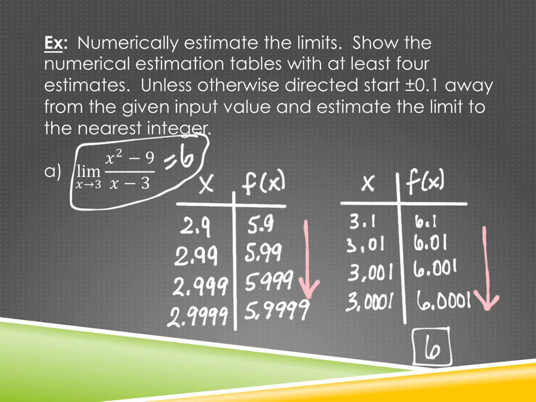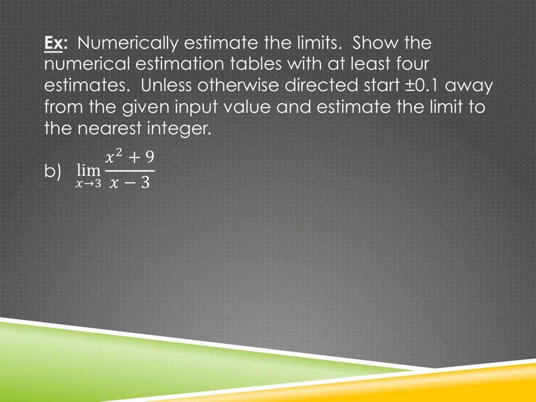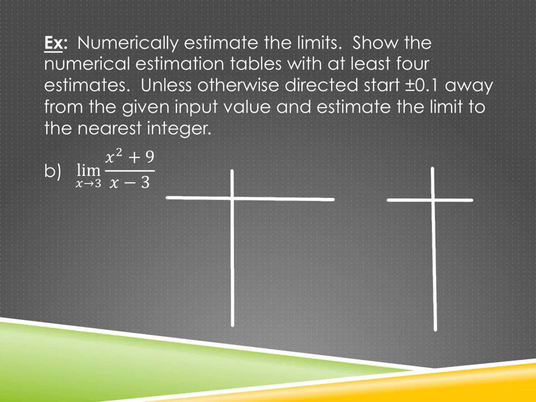If you go into your table, half the table's already done. So that's cool. Because it's the same x value that we're approaching, 3. So this is the right-hand side of our table. So one of your sides of your table is done, or it will be when you write it down. So your x values are, again, 3.1, 3.01, 3.001.